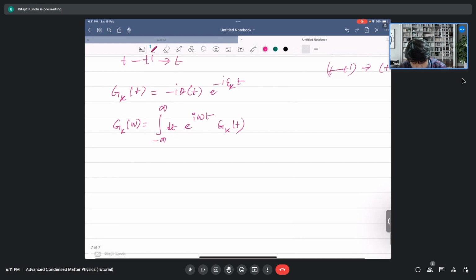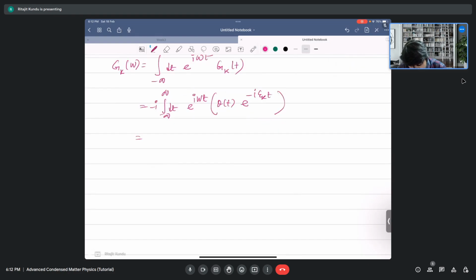I can just plug in G_k(t). So I'll put the minus i outside, theta(t) e to the power minus i epsilon_k t. This theta(t), as you know, is the Heaviside theta function, so that will be 0 if t is less than 0.